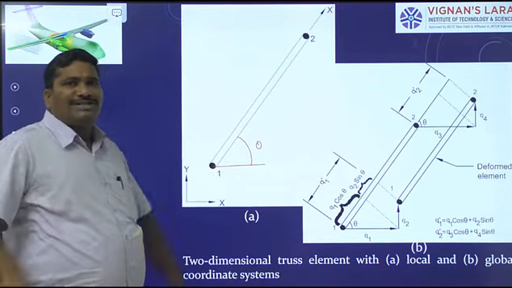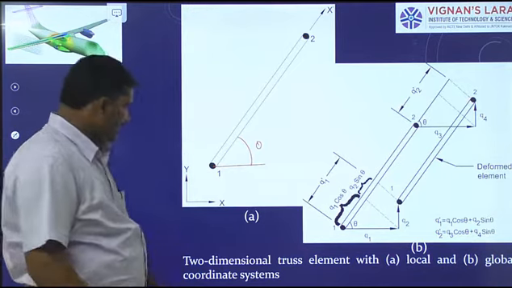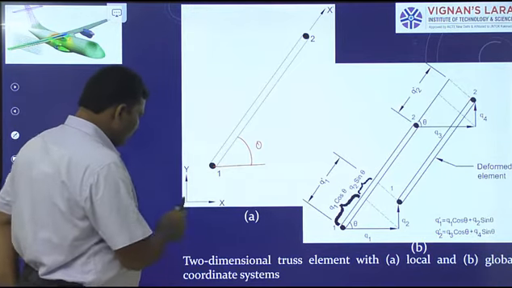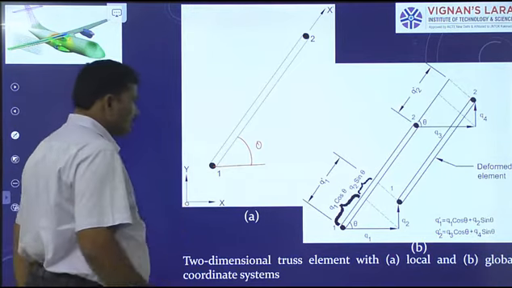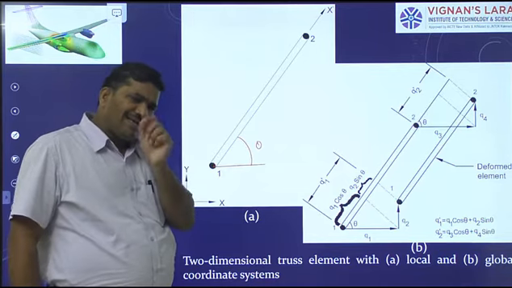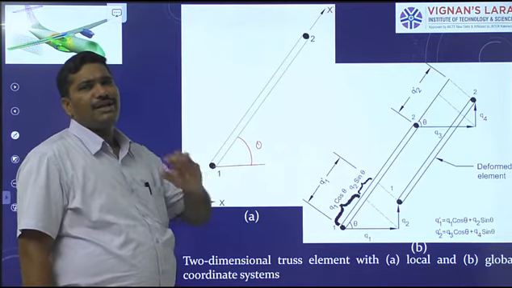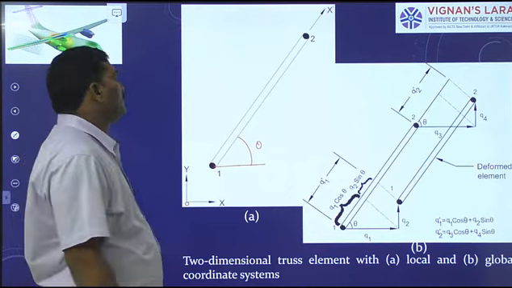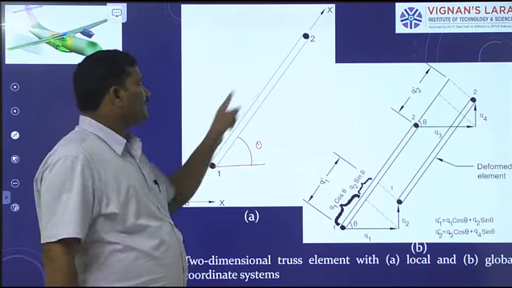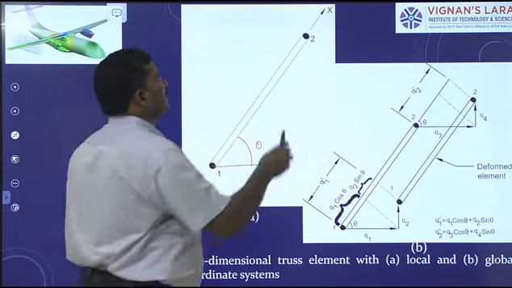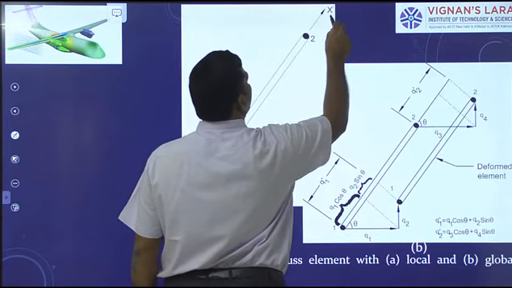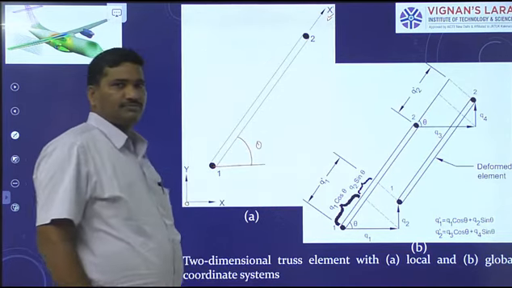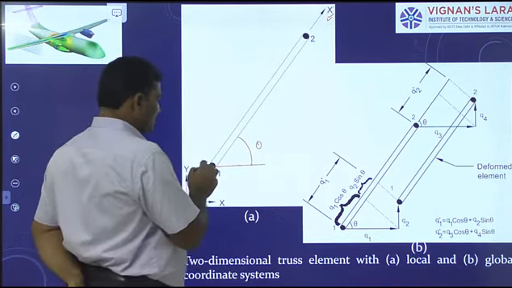For the entire truss, I take a global reference frame OXY, whereas for each truss element I take a local reference frame. Now for the truss element considered, x dash is the coordinate axis with coordinate origin here, say 1.